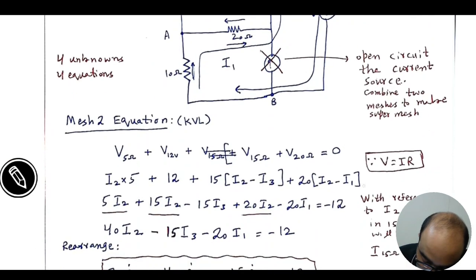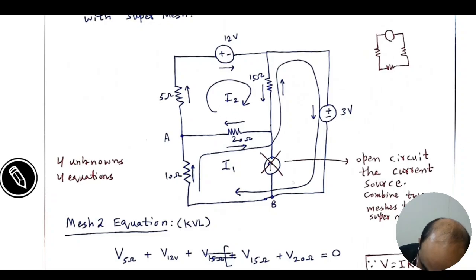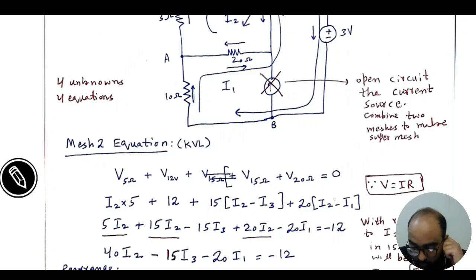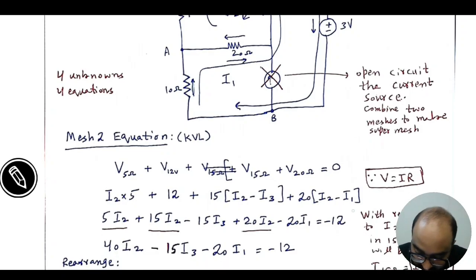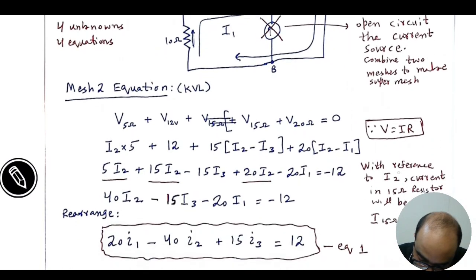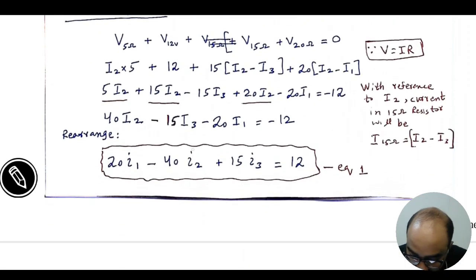You can summarize it like this: whenever you are dealing with I2, you have to write I2 as positive and all other loop currents which are in the opposite direction as negative. Here you can see I1 is an opposing current, it's negative. I3 is an opposing current, it's negative. Now see, by applying simple mathematics, we can solve this equation. This is our equation 1.